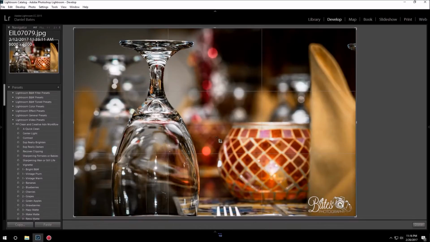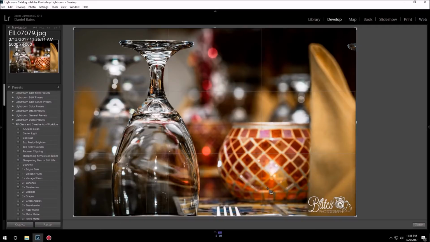Now here, we have a lot going on here, but the in focus part is this base of this glass. And if you look, the glass follows right on this vertical line, but at the intersecting point, right at the stem of this glass, that's where it's in focus.